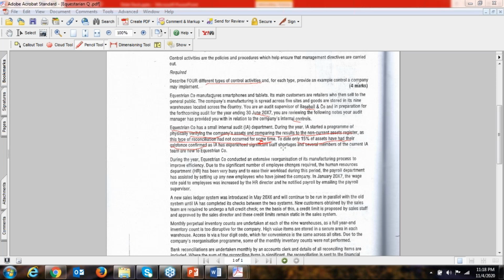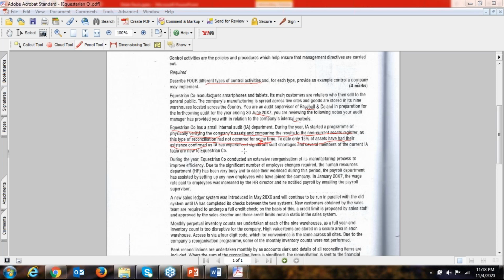So the recommendation should be that the internal audit department should complete this exercise even if they require more staff. If any asset does not confirm its existence, it should be adjusted.